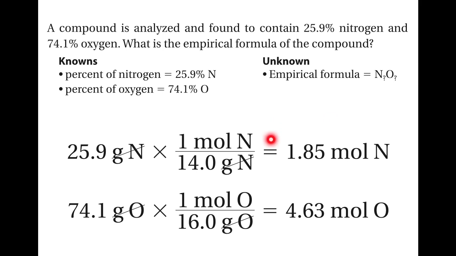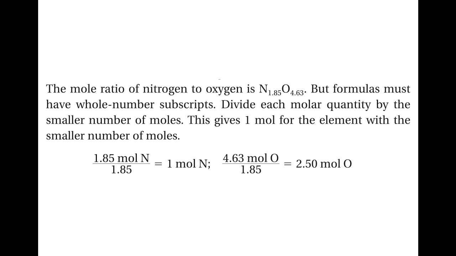In this case, 1.85 is the smallest mole that I have, and I will divide both of the products that I get by that mole. So I'm going to divide 1.85 moles of nitrogen by 1.85 because that's the smallest, and that will give me a whole number, 1 mole of nitrogen. If I do that for 4.63 divided by 1.85, I get 2.50 moles of oxygen.